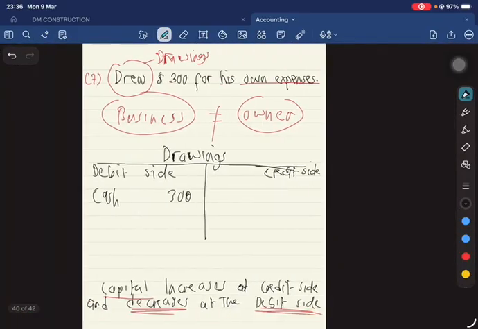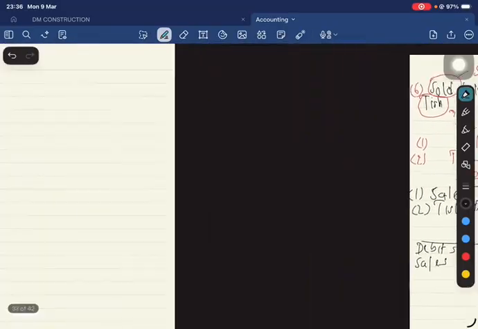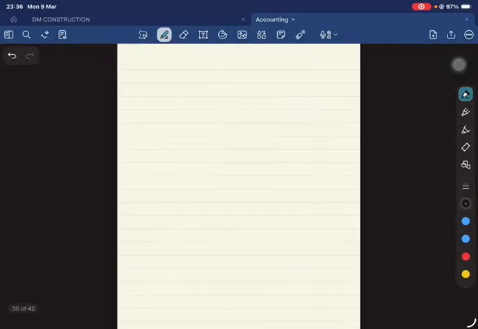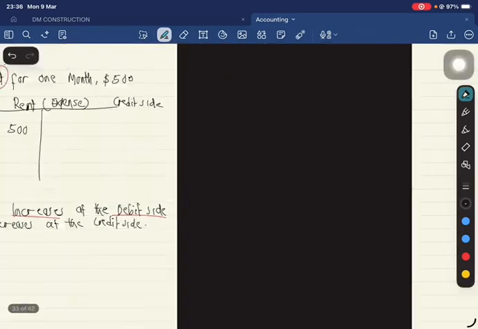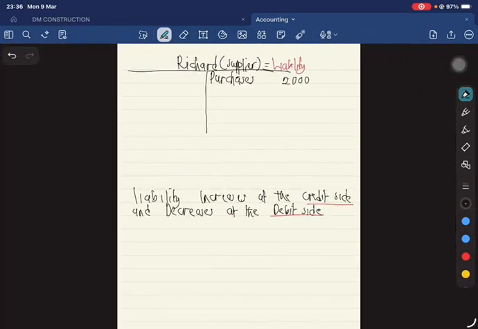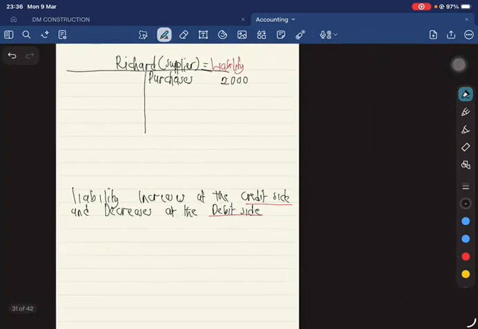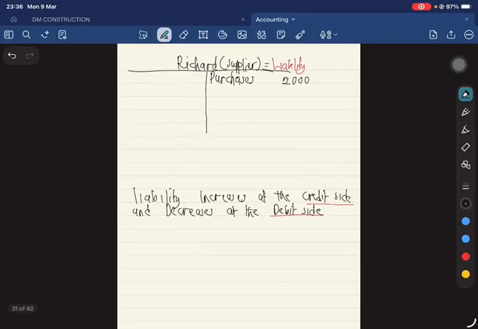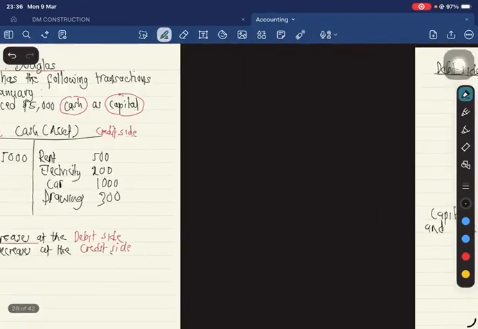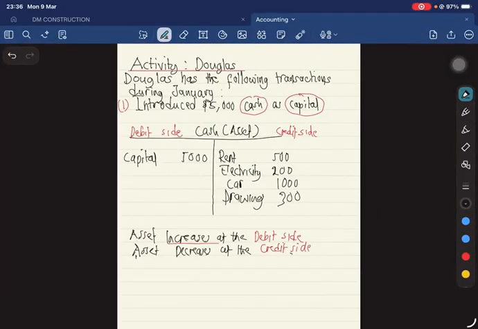So let's look at the effect on the cash account. It says sold goods for cash 2,100. So cash will increase because we made sales and the person paid us cash.